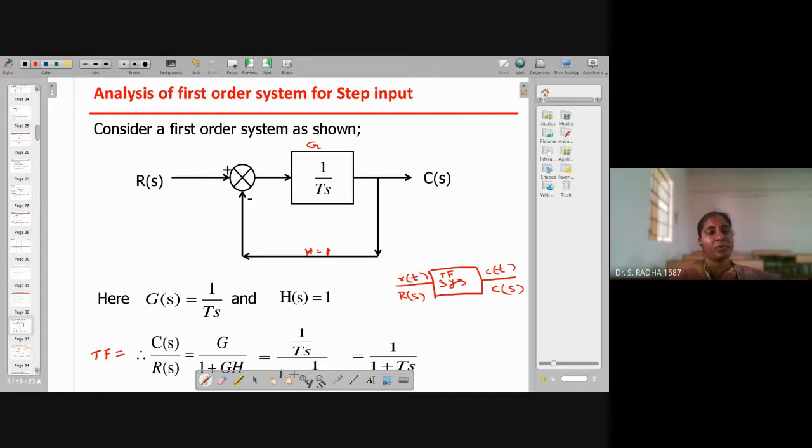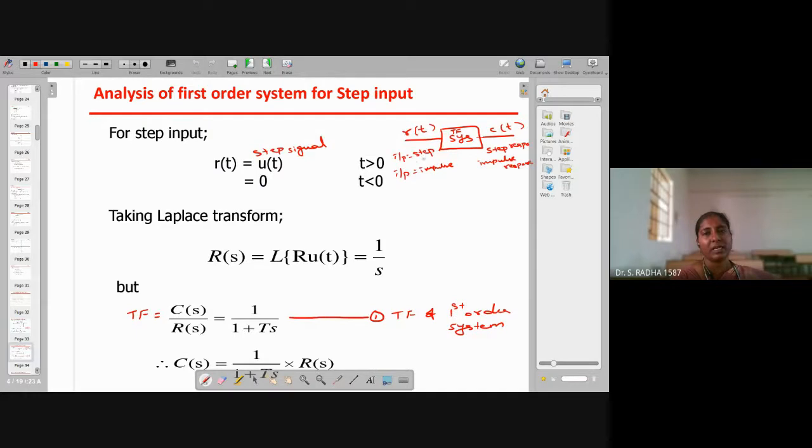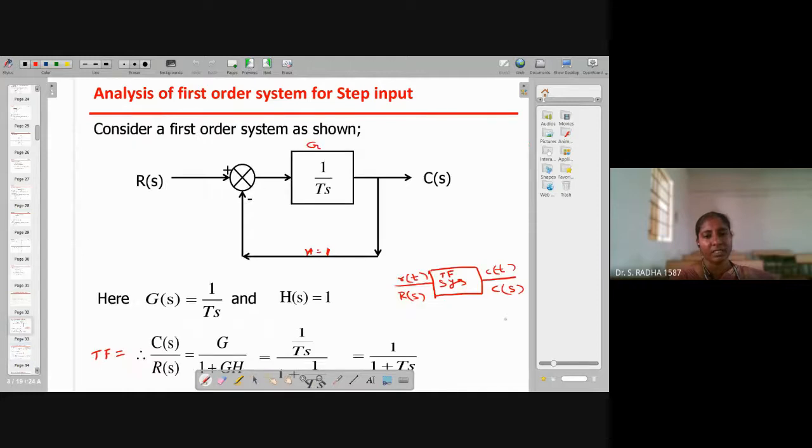Now you can understand how we got the system: G and H together, we simplify and call it a system. Now I am going to apply a step signal as input and find the step response for a first order system. How do we call it first order?